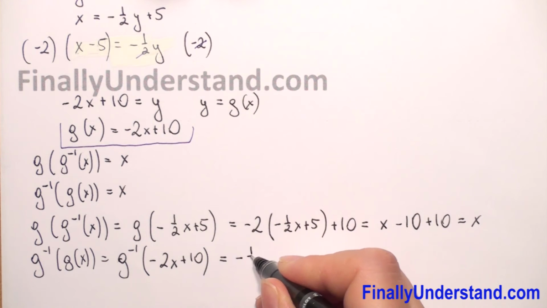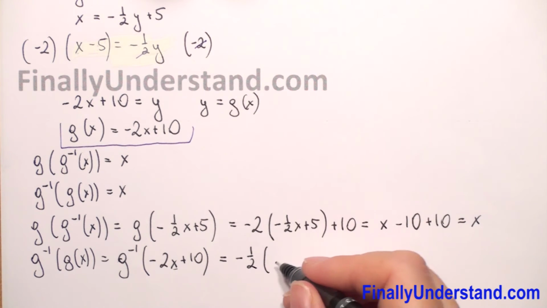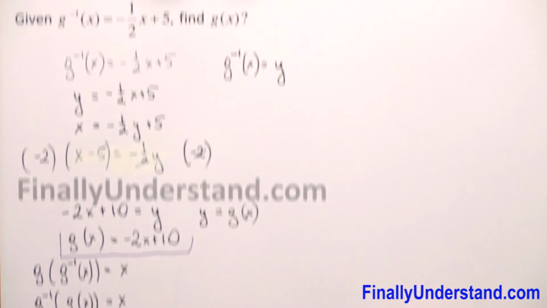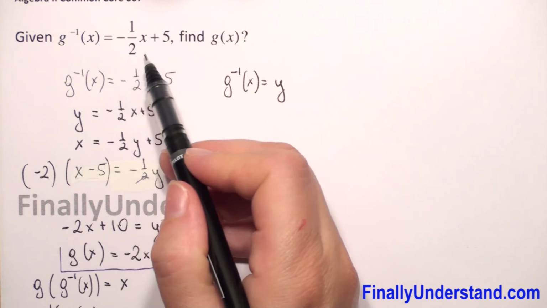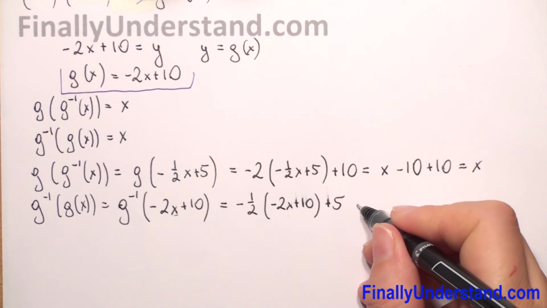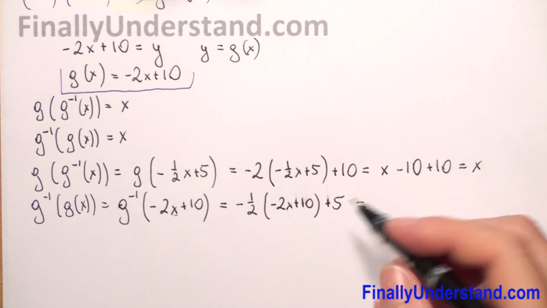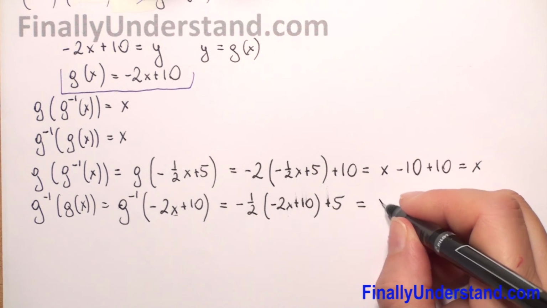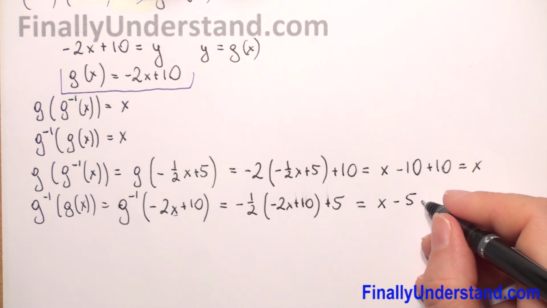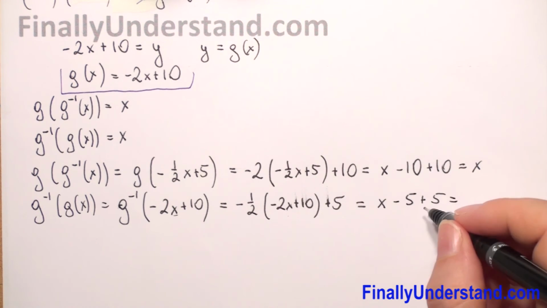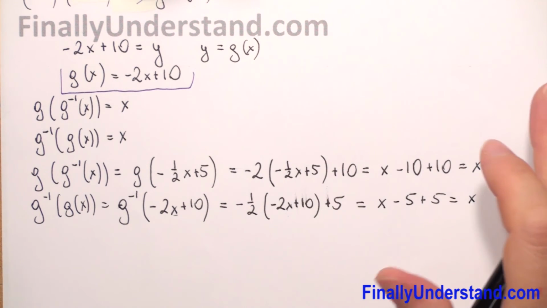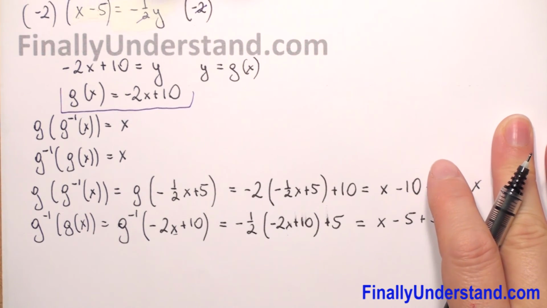So we copy negative 1/2, substitute x by negative 2x plus 10, and we have plus 5. So this is equal to negative 1/2 times 2x, which is x, and negative 1/2 times 10, which is negative 5, plus 5. We see that negative 5 plus 5 gives me 0, so we have only x. We got the identity function. It means our solution is correct.